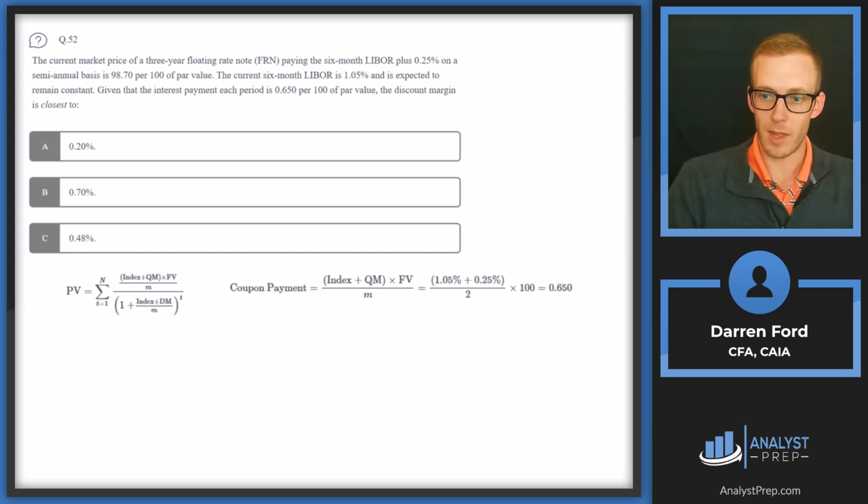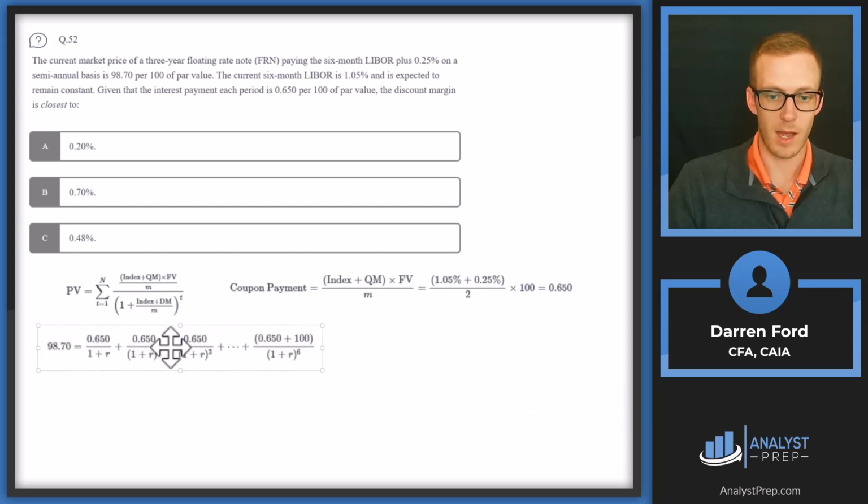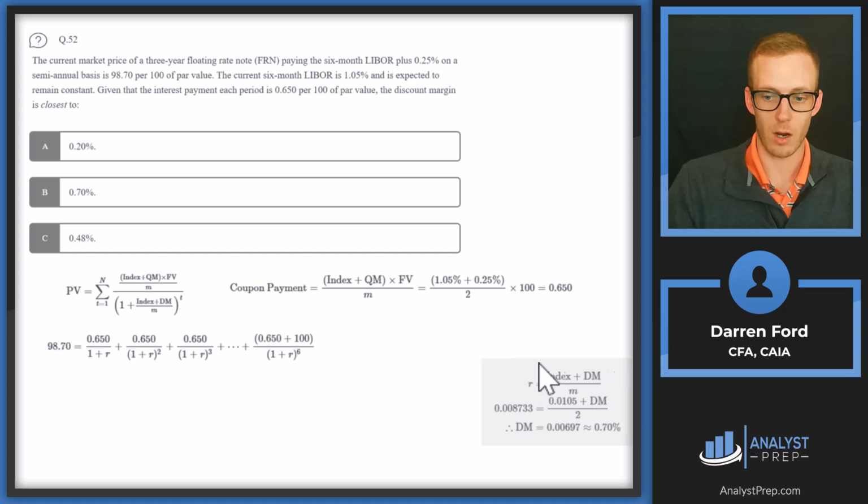From there, we discount all of those cash flows back to the present value, and that gives us our price, which we're given.